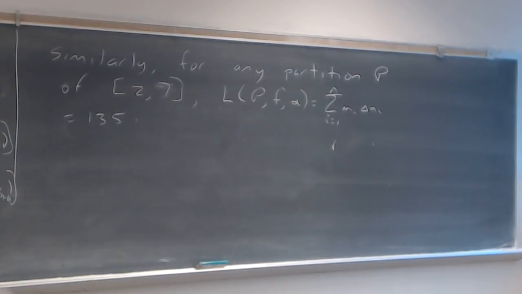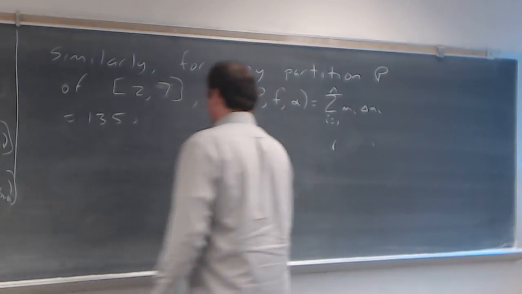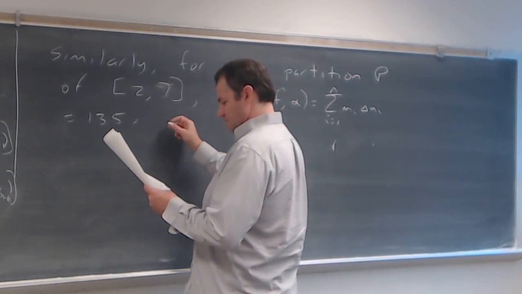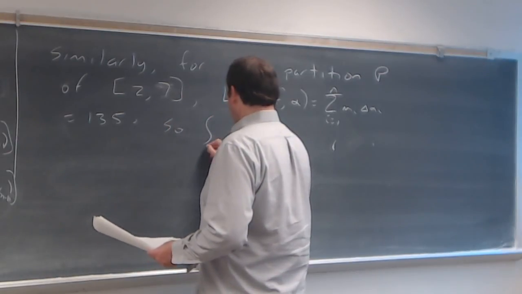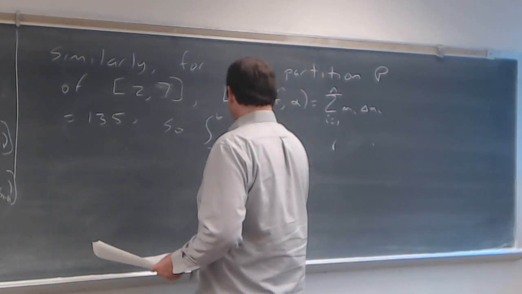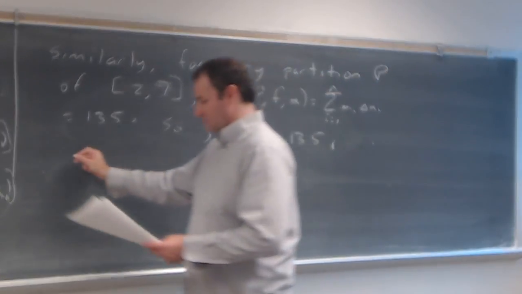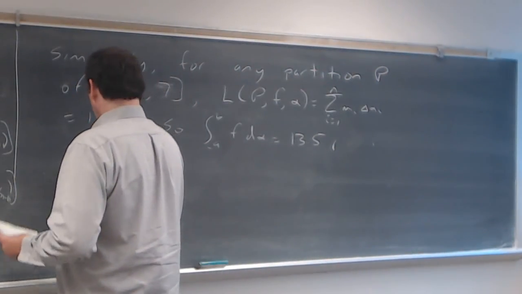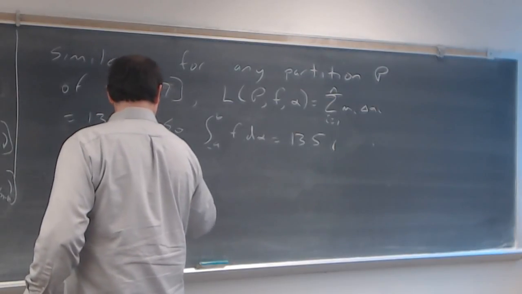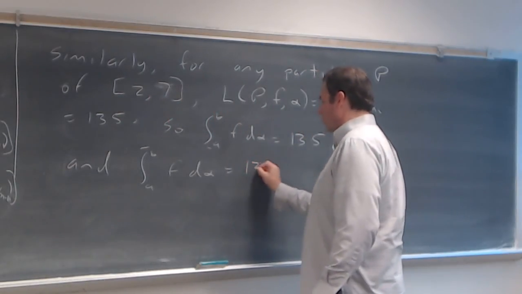So it turns out then that the sup of the lowers and the inf of the uppers, they're going to be 135. So what we get is that the lower Riemann-Stieltjes integral of f with respect to alpha is going to be equal to 135, and the upper Riemann-Stieltjes integral of f with respect to alpha is also equal to 135.